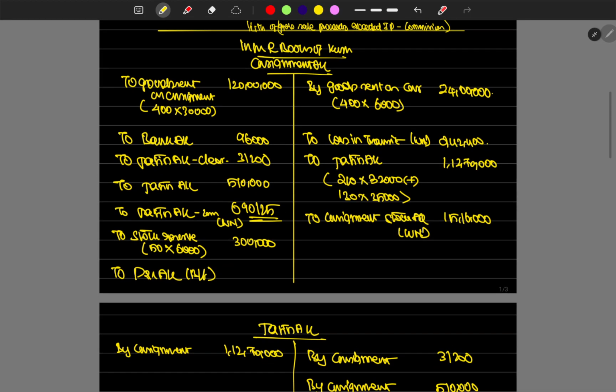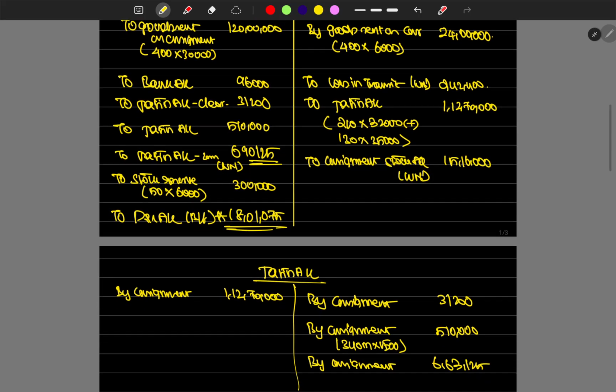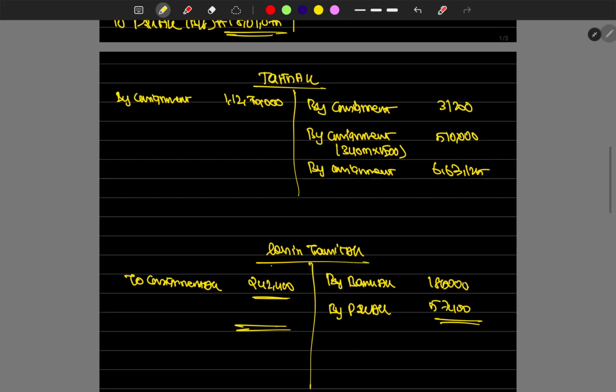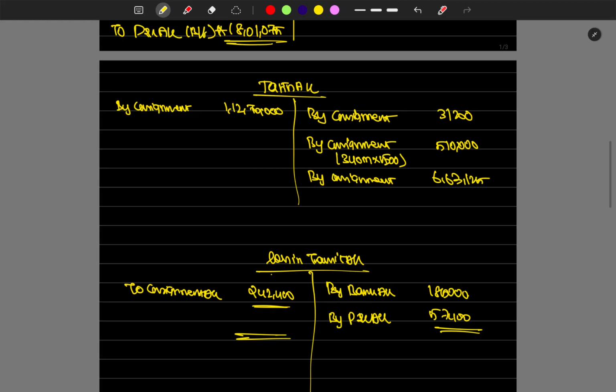Now we'll recalculate. Okay, we got the value, which is 18 lakh 1,075. So we have found the profit.